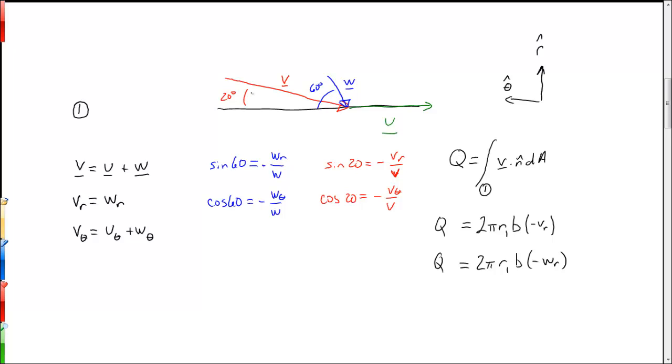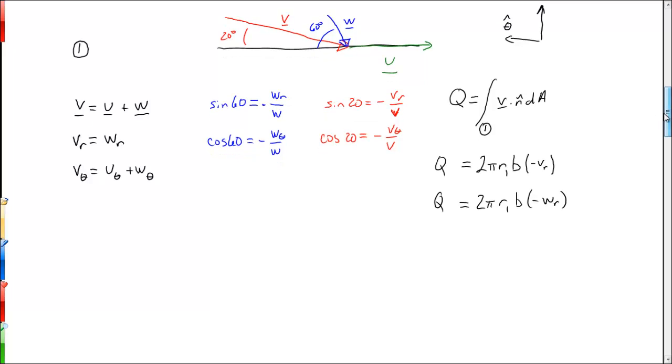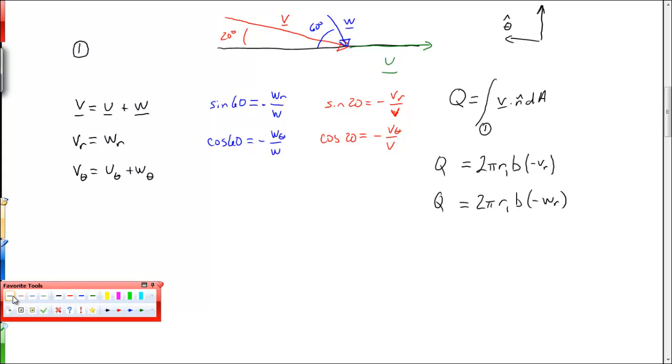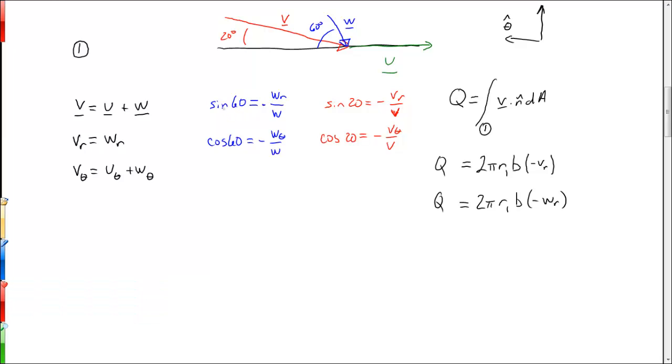I don't know if it's the best way to do this, but after thinking about it a little while, this is what I came up with. Let me switch to blue here for a second. If we divide the sine 60 equation by the cosine 60 equation, we just get tangent of 60 is equal to, the W's cancel, WR over W theta.